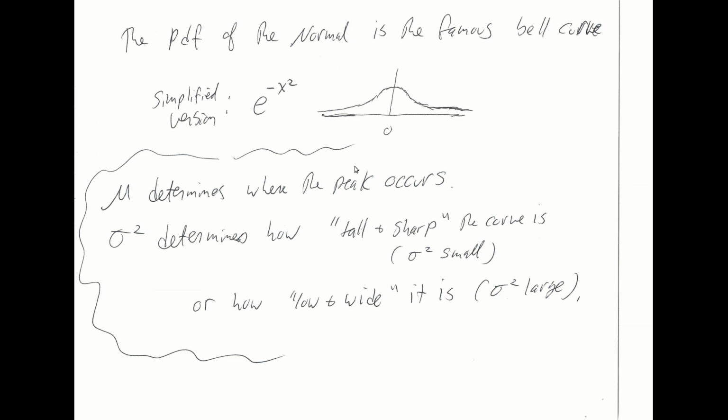So again, as we mentioned earlier, the PDF of the normal is the world famous bell curve, the bell curve of great renown. And again, a simplified version of the PDF looks like this, with all the constants stripped away. It has this simpler form. And so the idea is that you're seeing the tail associated with the exponential going off in both directions here. Whether x is positive or negative, we square it, and it's always positive.